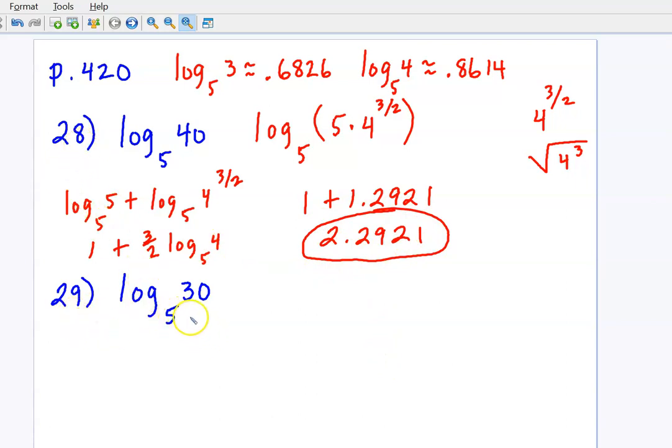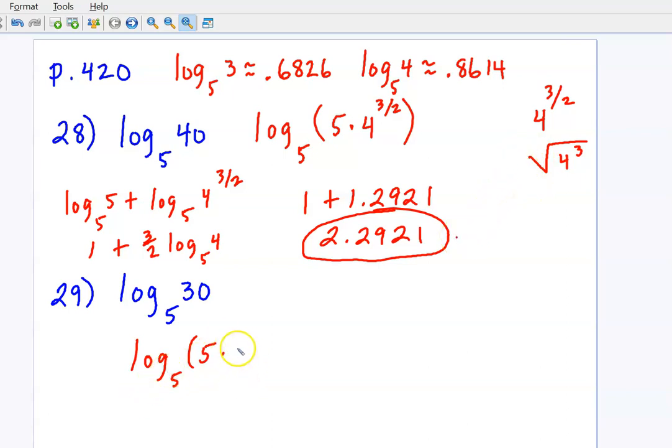Here's number 29. So now we've got to find another way of coming up with 30 using either a product or a quotient. I know that 5 times 6 is 30. So once again, log base 5 of 5 times 6, but unfortunately I'm not given 6. So I can take advantage of the fact that I am given log base 5 of 4, and sort of like what we did in this problem, if I raise 4 to the 1/2 power, I get 2.